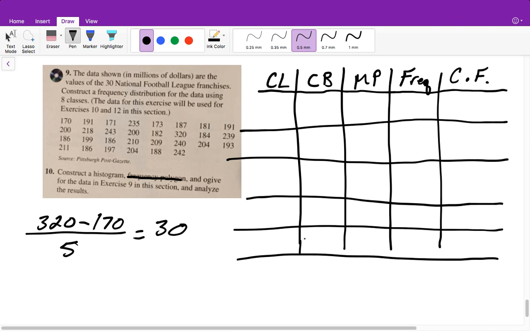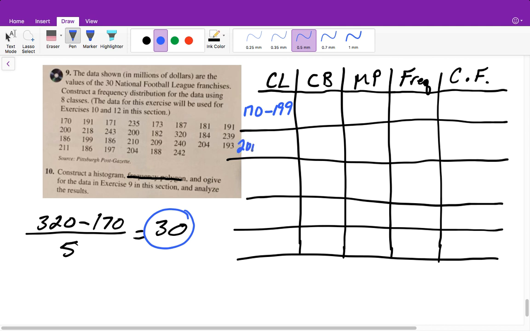All right. And remember, we start with our smallest number. So it's 170. We do a different color, blue. And we add our class size to it. So that would be 200. Then you have to subtract 1 from it because we're including that 170. So this will be the numbers that we'll put in our first class.